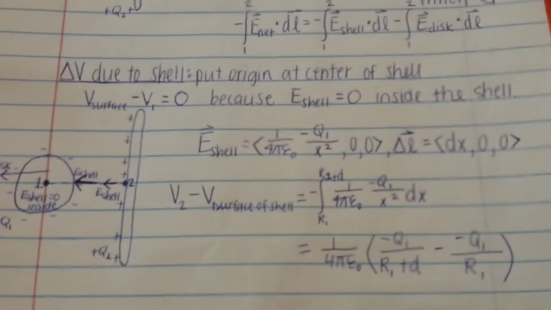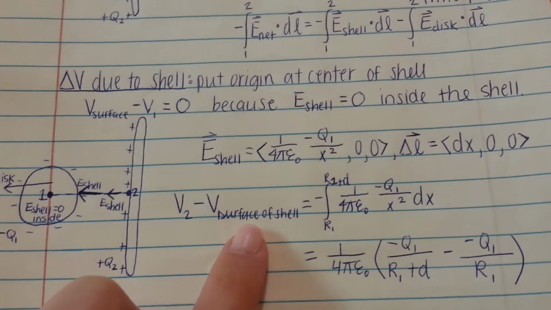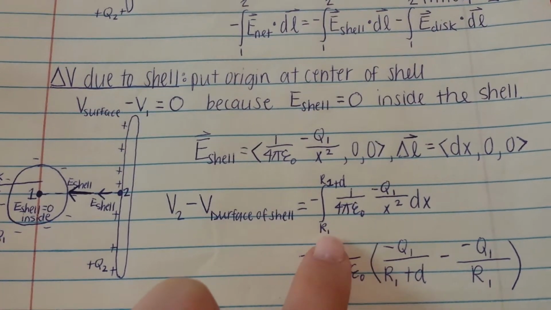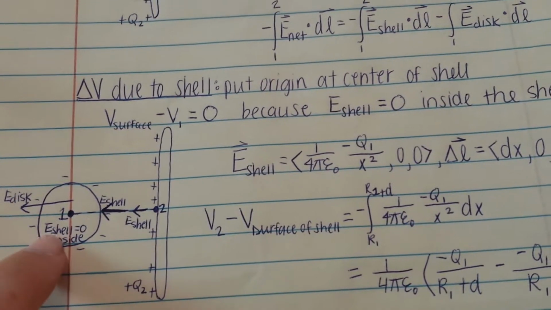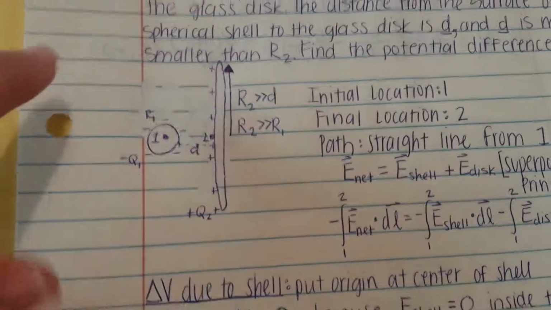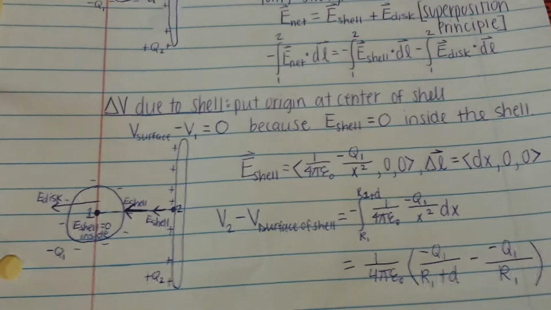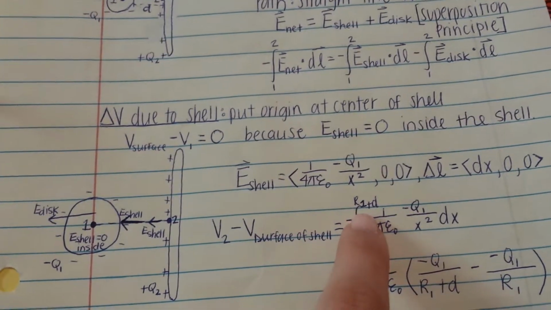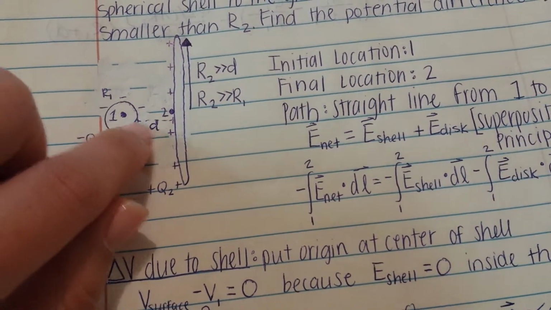And so then we can find V2 minus V of the surface of the shell. And we're going to have to integrate from R1, the radius, which I've shown right here. That's the radius of the spherical shell. And then we're going to do R1 plus d. So that's this plus d.